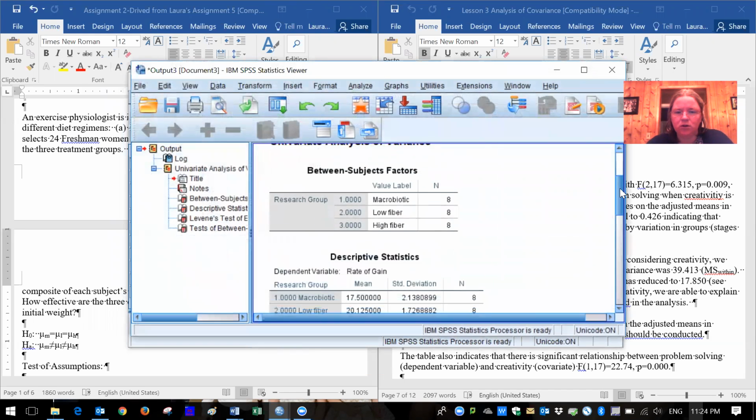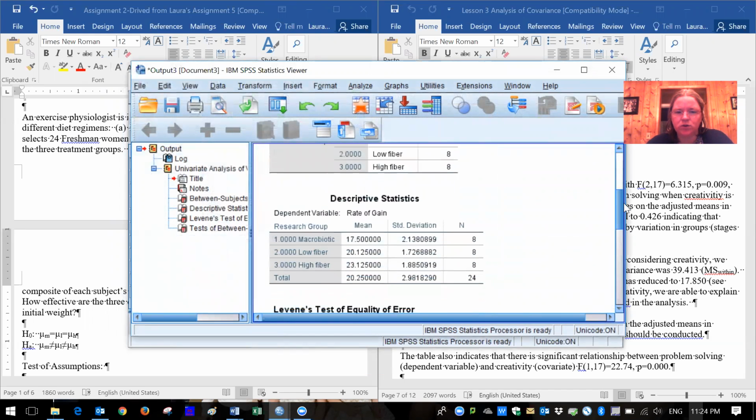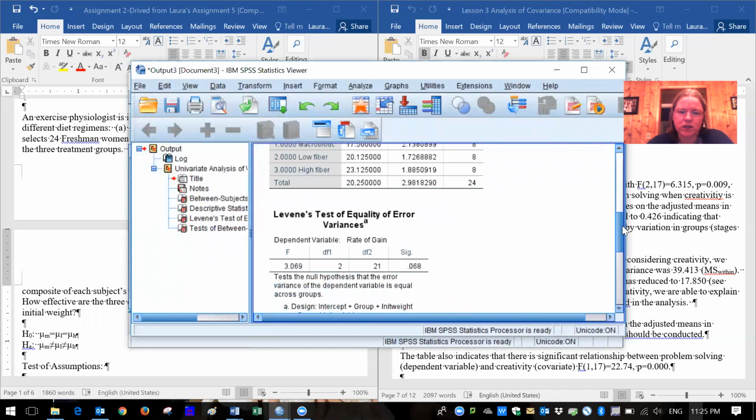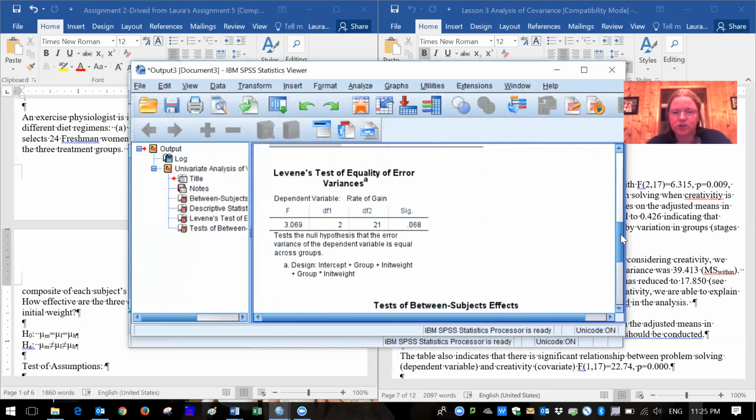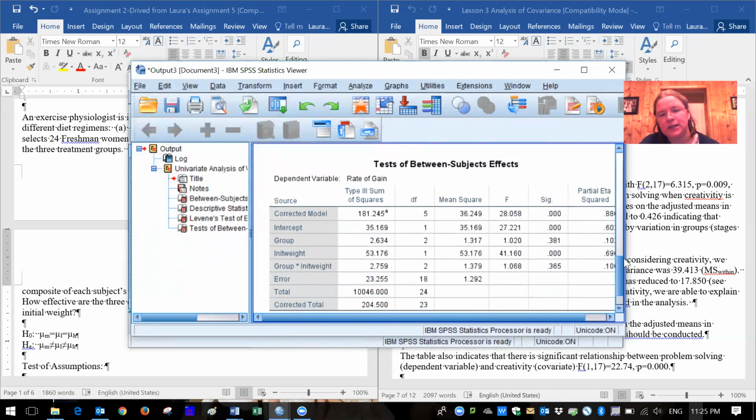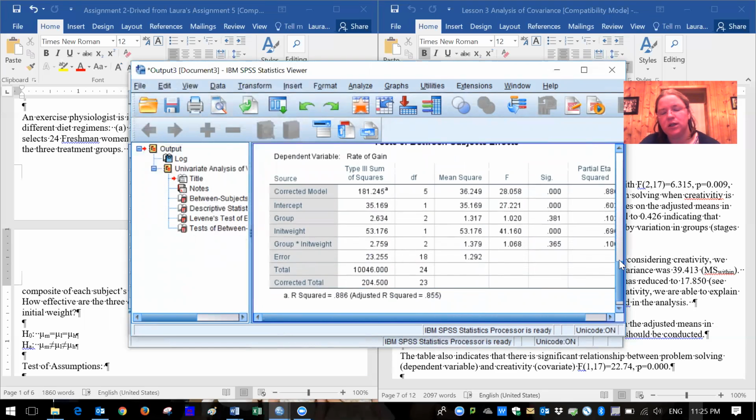So here it's showing us your descriptive statistics, what rate of gain for each of the different areas. And then the Levene's test shows you that you have homogeneity of variance. And then your test of between subjects, this here is kind of like one of your Levene test things.